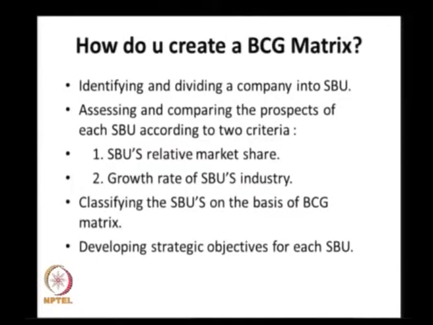Let us say I have a big corporation and there are easily identifiable businesses or different product lines or different strategic business units within the same firm. Take each firm's relative market share and the growth of the industry in which the firm is participating, or each product's relative market share and the growth of that particular product in the industry, and then classify all of these products or businesses into the BCG matrix.